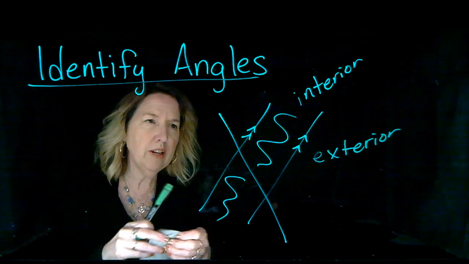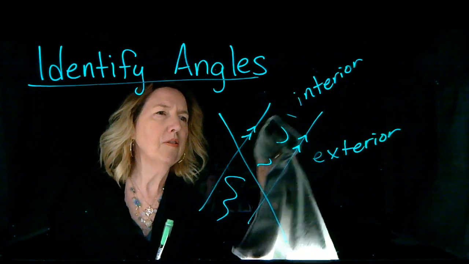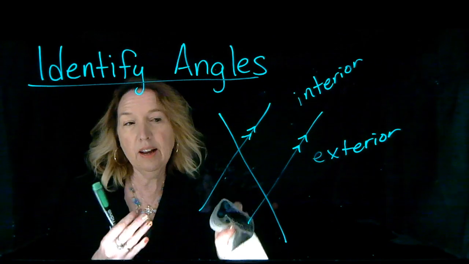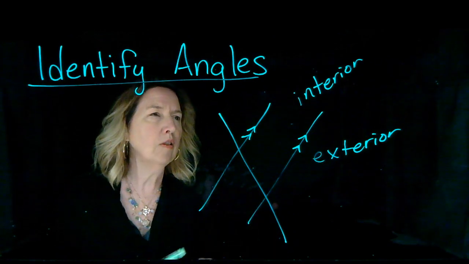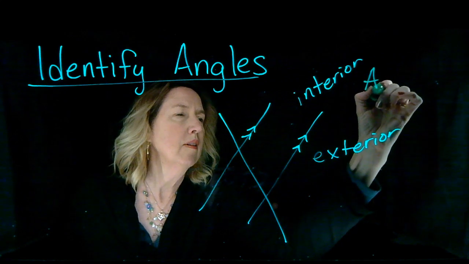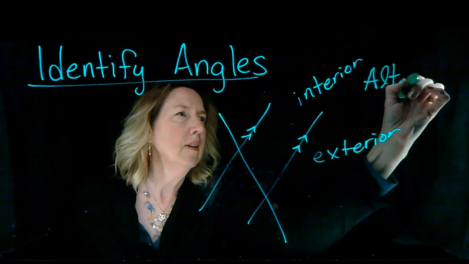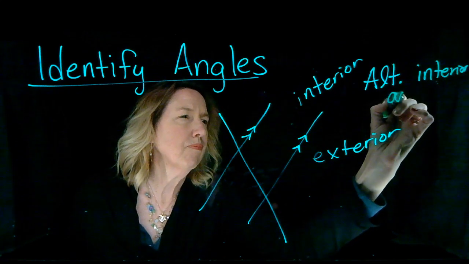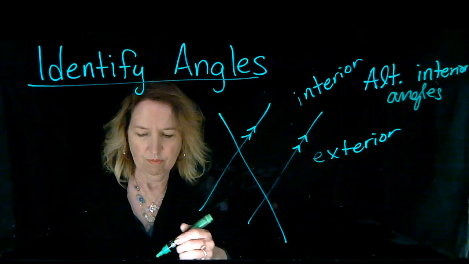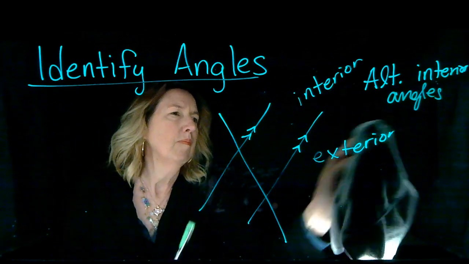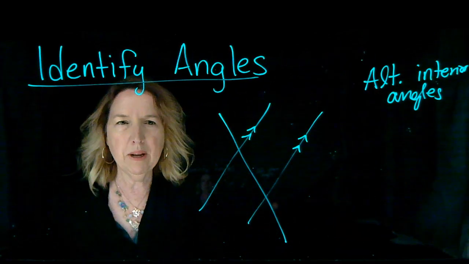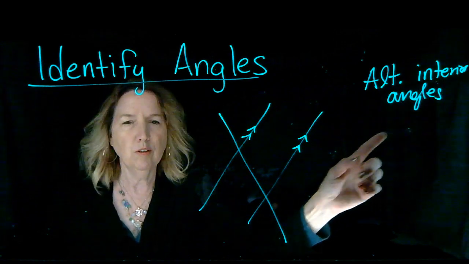So what you will see is the term alternate exterior angles and alternate interior. Let me write that out. Alternate, well, we'll start with interior angles. So let's think about what that would mean, alternate interior angles.